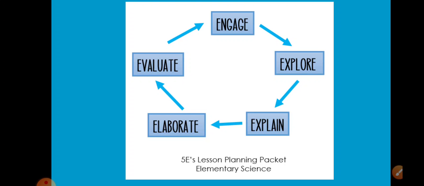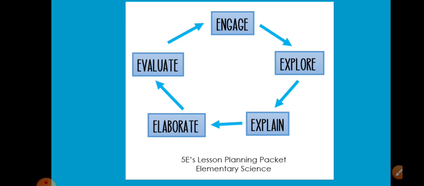By simply starting the cycle again, it shows that it is a sine qua non. And when we talk about sine qua non, all of the E's should be undergone. You should not start with engage and suddenly jump to explain.